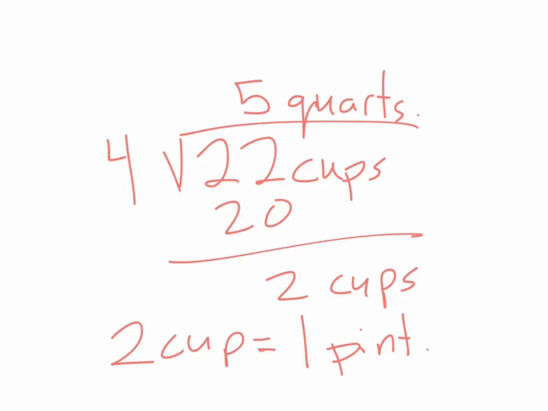Because you are dividing, cups are smaller than quarts, so you're going from a small to a large and you divide. 4 goes into 22 5 times, and there are 2 cups left over. So he can get 5 quarts, and there'll be 2 cups left over. And then going back to review your conversion, 1 pint is equal to 2 cups. So he will be able to have 1 pint left over.